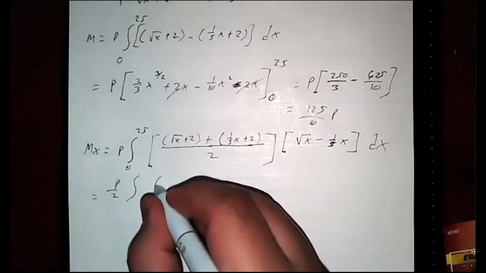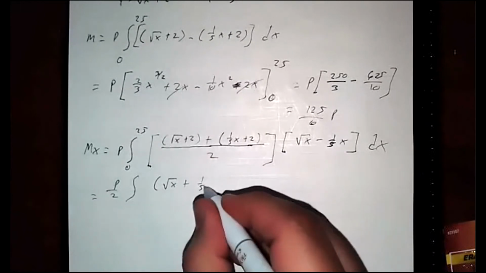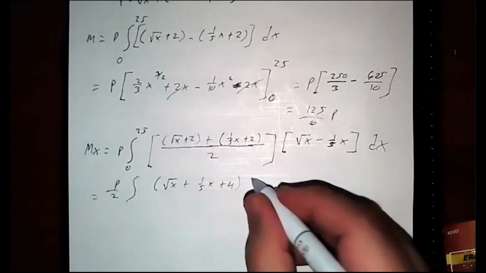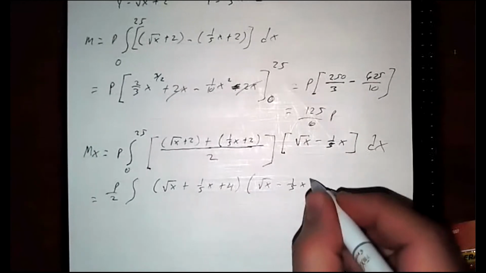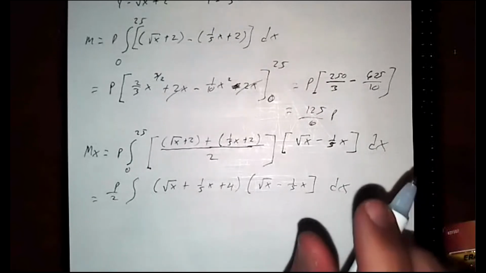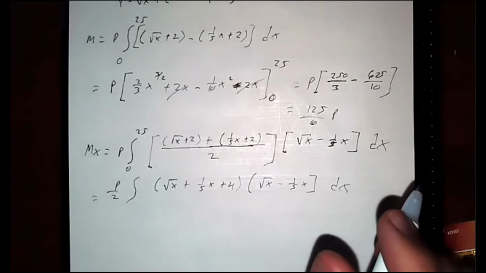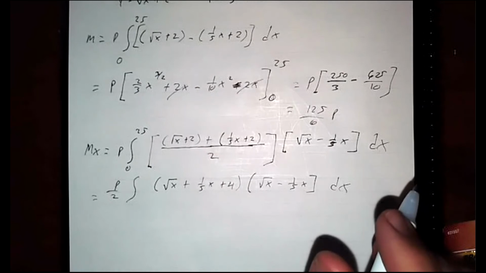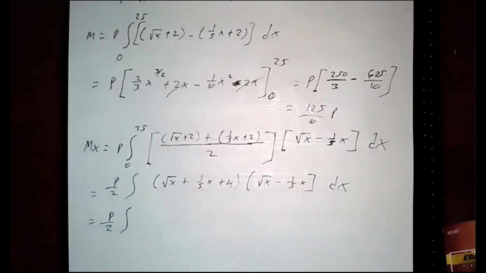All right, so this one will be, let's make it a little prettier. After you multiply all that garbage, you'll end up with this. I'm going to skip that step because I believe you guys know how to multiply variables at this point.